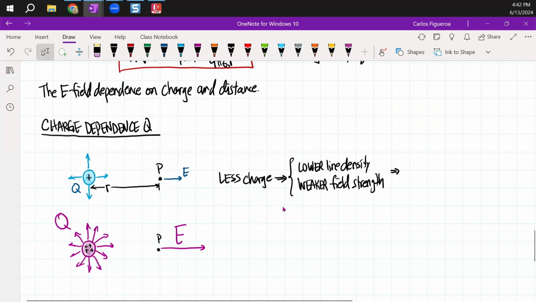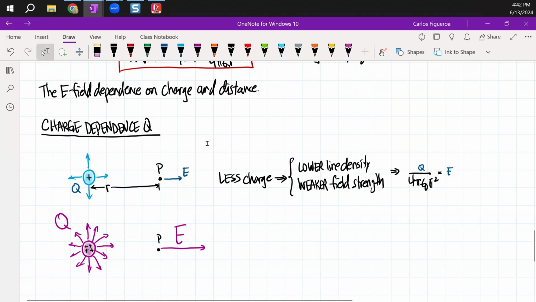And then according to what we wrote here, this is going to be kq over 4 pi epsilon r squared. Well, the reason why is because I had a smaller charge, so therefore I have a smaller electric field.